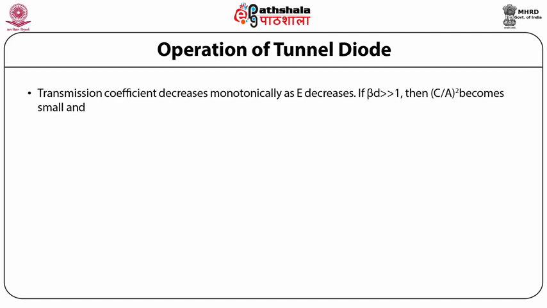Now, if beta d is very much greater than 1, then (c by a) the whole square becomes small and it varies as (c by a) the whole square approximately proportional to e to the power minus beta d, where beta is root of 2mn multiplied by (qV0 minus E) divided by ħ square.